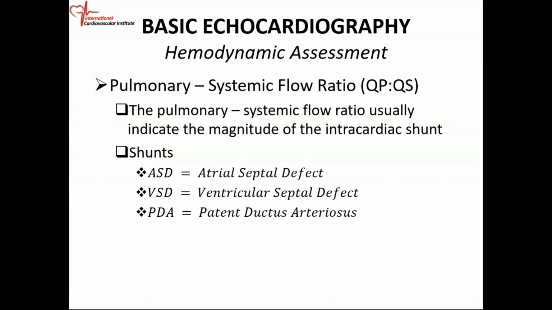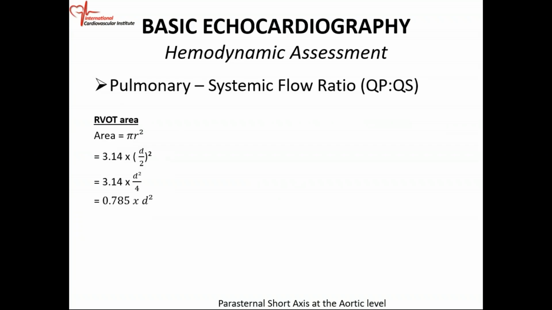So in essence, you're getting the blood flow across the right ventricular flow tract, across the pulmonary valve, and dividing that by the blood flow across the left ventricular flow tract, okay? The pulmonary to systemic flow ratio. Again, it's an indication of the magnitude of the shunt. And this is how you do it.